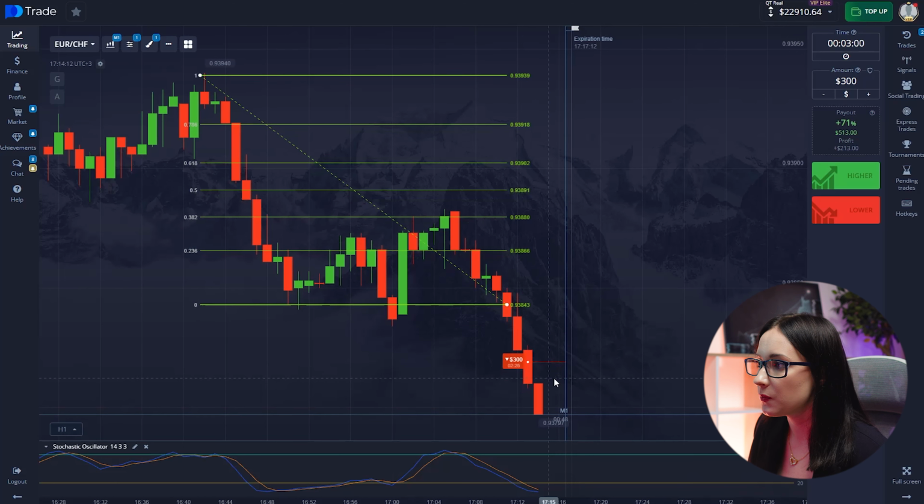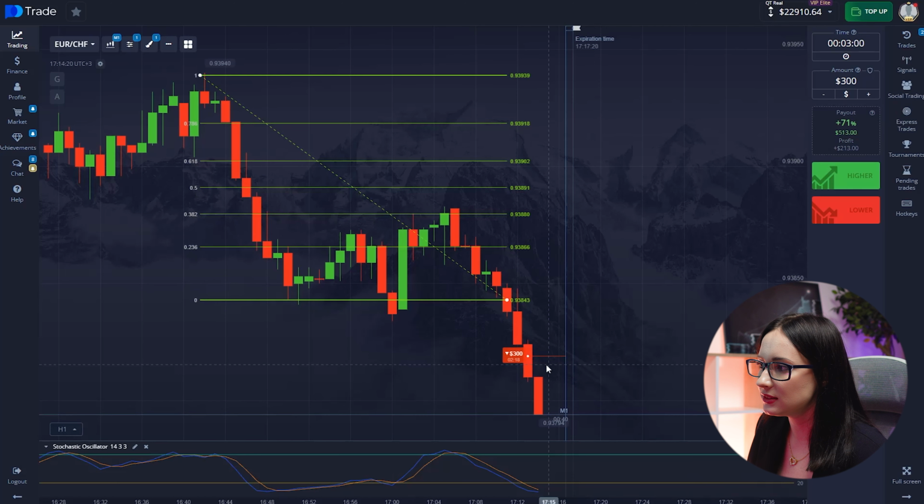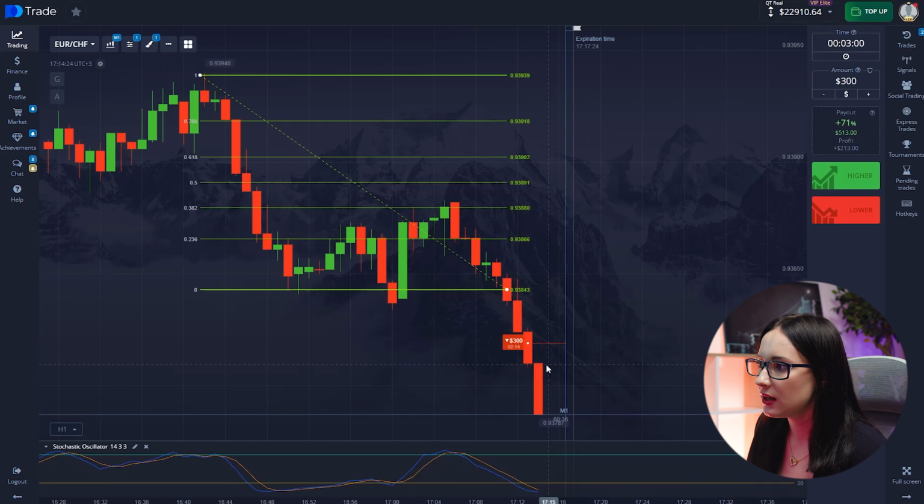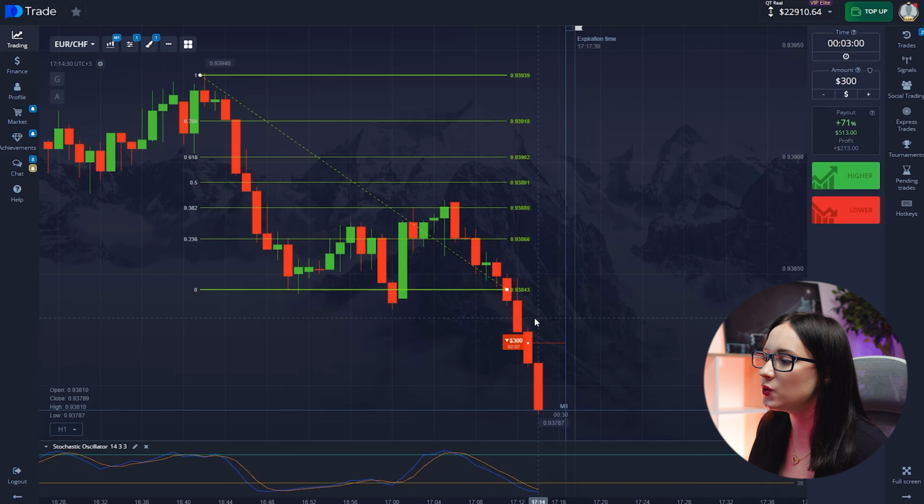So actually I really like this strategy. It's very obvious, and you can see that just by following it we get correct results, and we get good entry points.